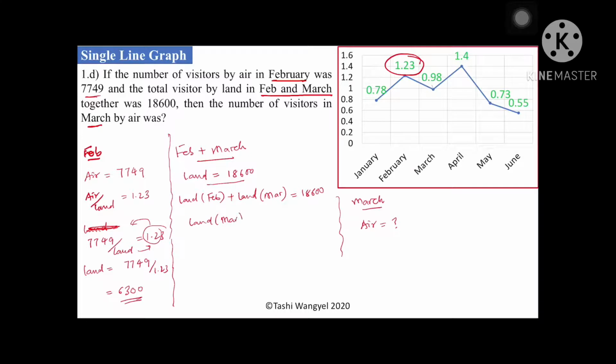Therefore, the number of visitors by land in March is 18,600 minus 6,300, which is 12,300.